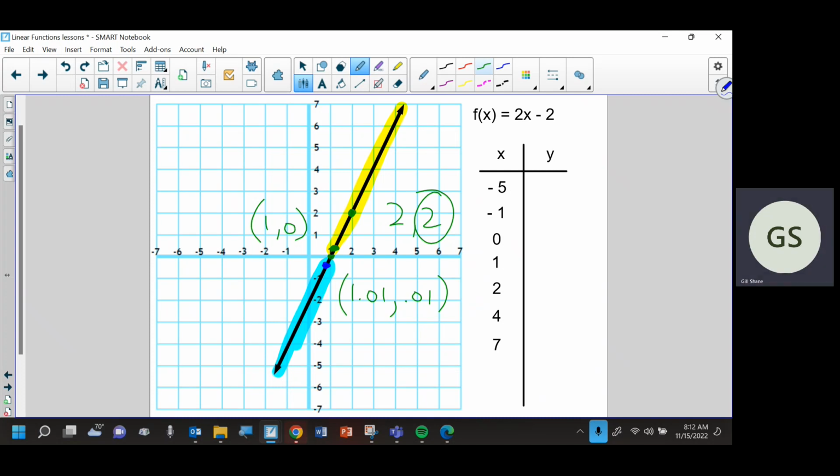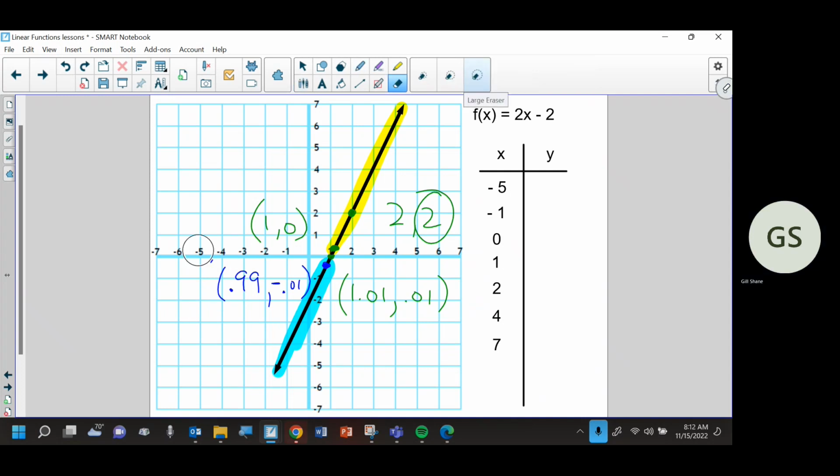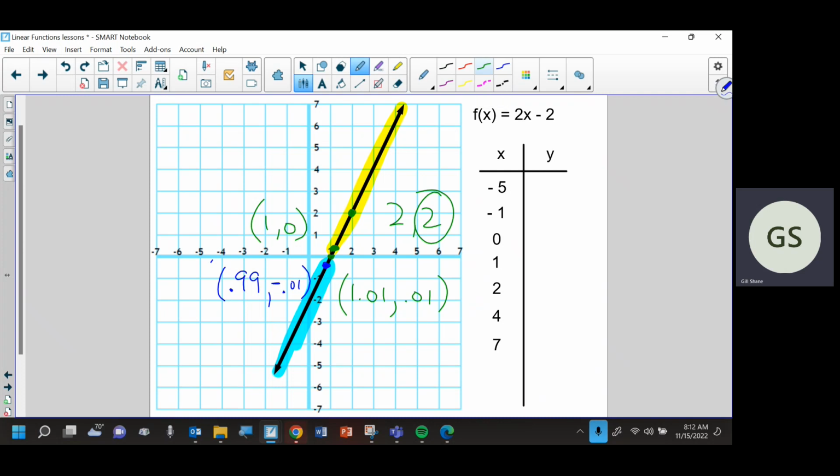It's a little less than 1 for the x, because this is 1, so we'd be a little left of that. Let's say, and this is not accurate, just to show you, the x is 0.99, and then the y might be negative 0.01 instead of positive 0.01. The point is, any value below that green dot that's on 0, the y is negative.